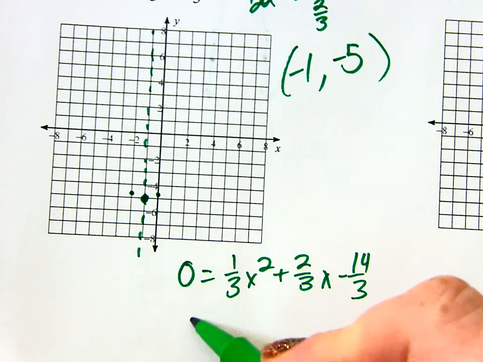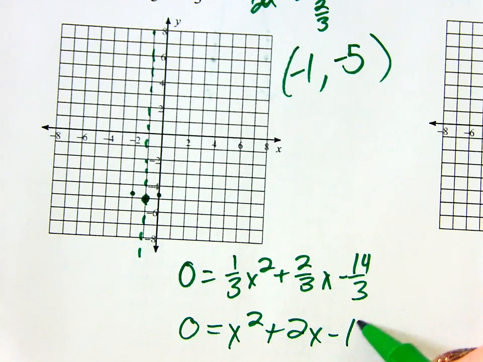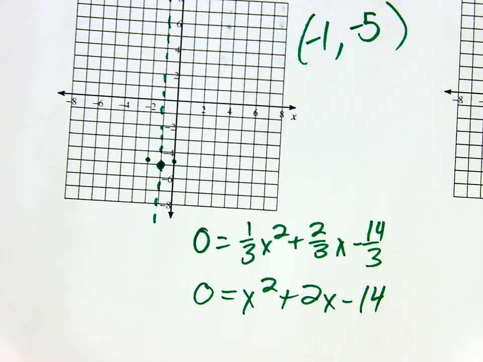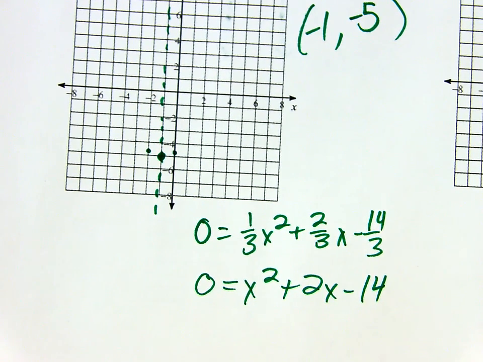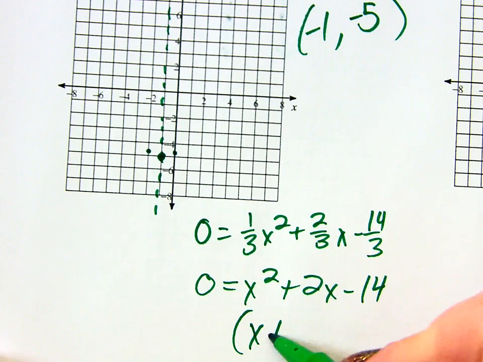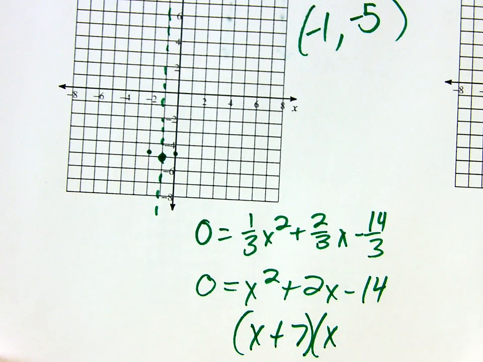Yeah, so now I'm just going to have 0 equals x squared plus 2x minus 14. And now my life gets really easy because what can I do with that? Yeah, I can factor that to be x plus 7x. Oh, shoot. No, I can't. I had 2 in my head thinking 2 and 7, but okay, never mind. I can't factor that.